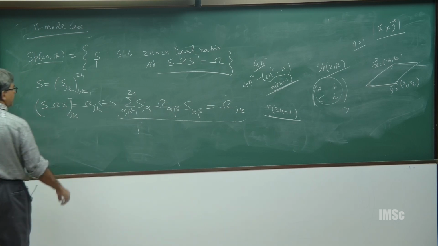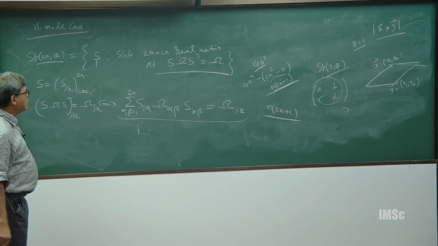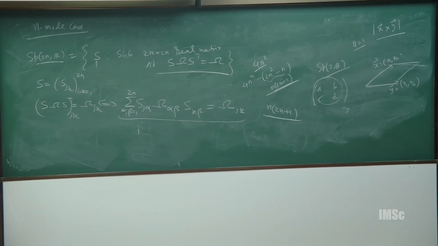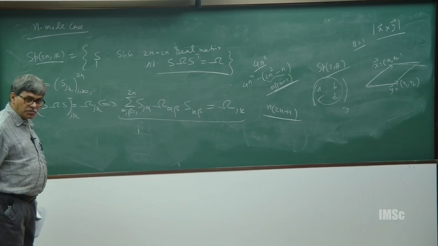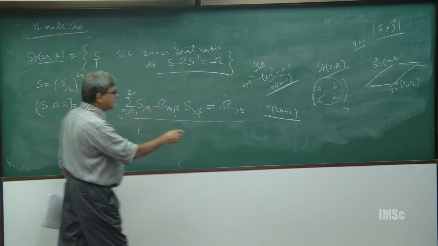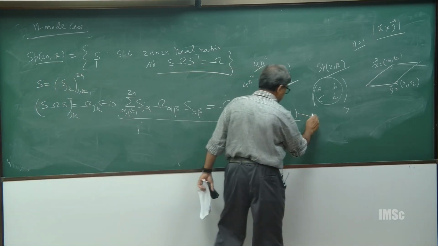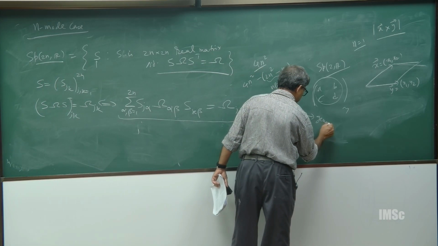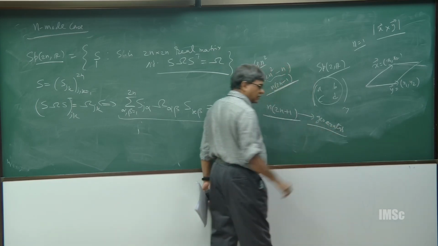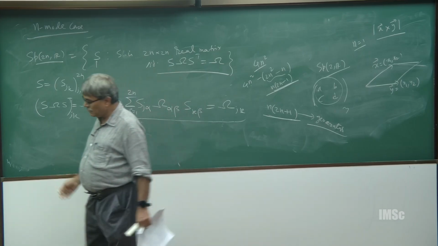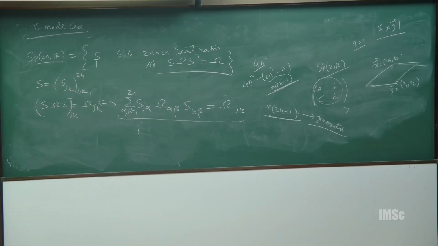So this many real parameters you will require to specify any element S. This is why it is called an n into 2n plus 1 parameter group. Because this is a continuous group, you will require this many generators, so that you can write things in terms of infinitesimal elements.